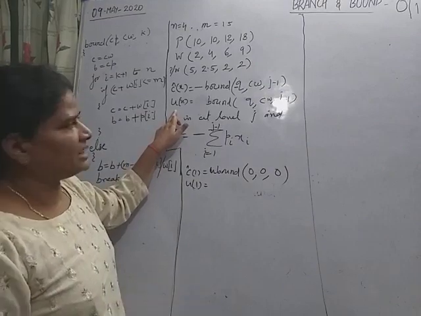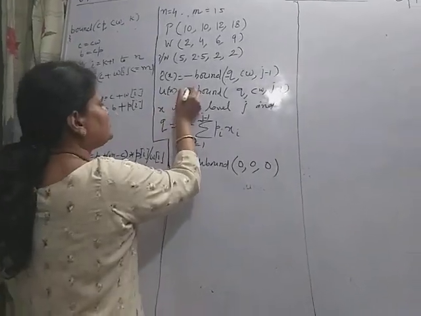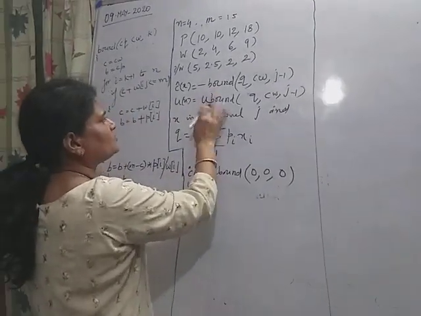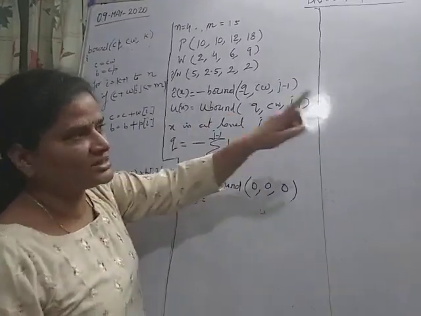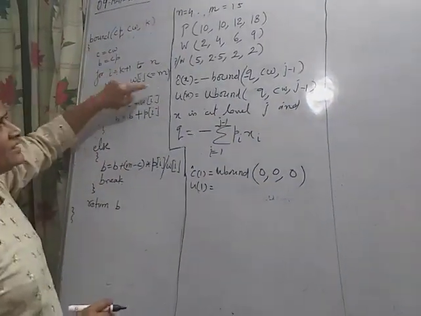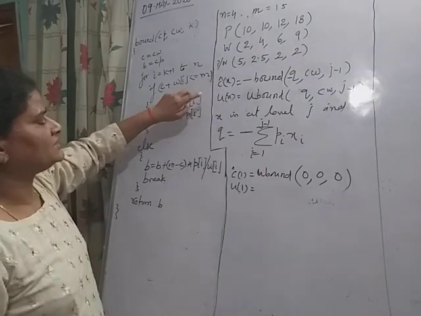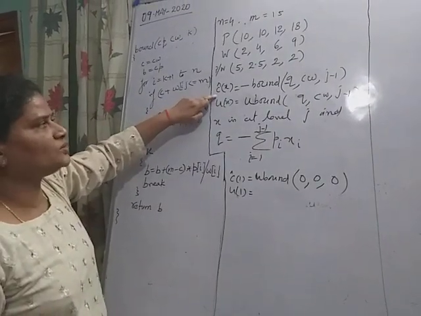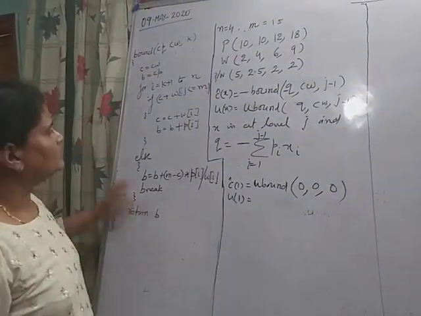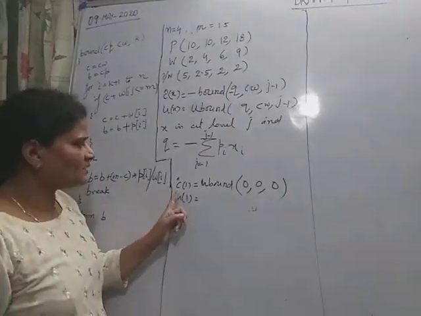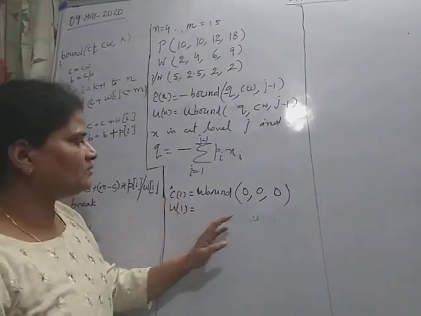And ux is the upper bound. Here this is the u bound function. So for computing ux, the u bound function is called, and for the lower bound we have to call the bound function. Now C1 is u bound 0, 0.